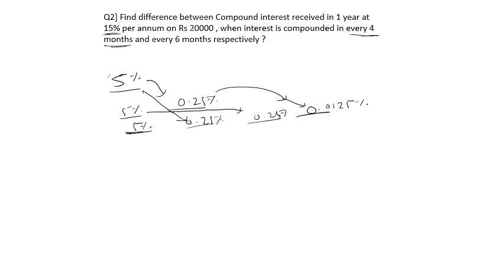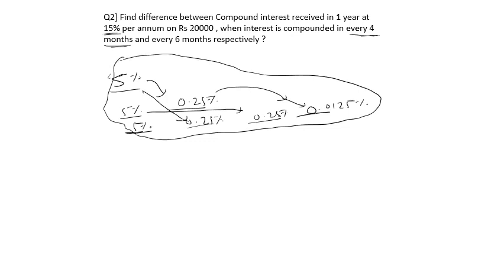So the total comes out to be 15.7625%, when interest is compounded every 4 months.